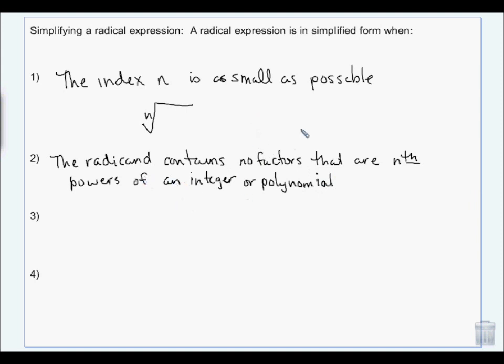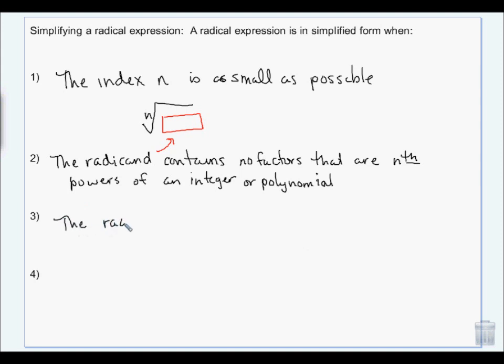So, you know, if you factor tree the number, you don't have any matching sets that are the same as n. And the radicand is whatever's right here.